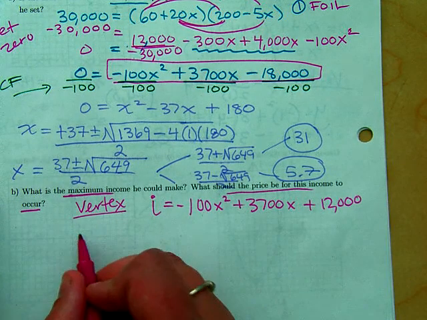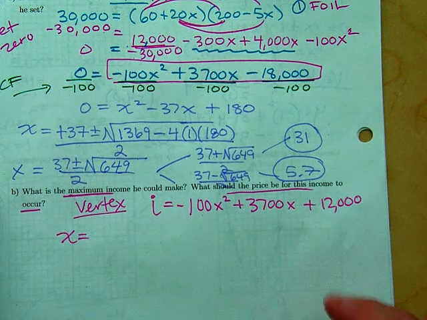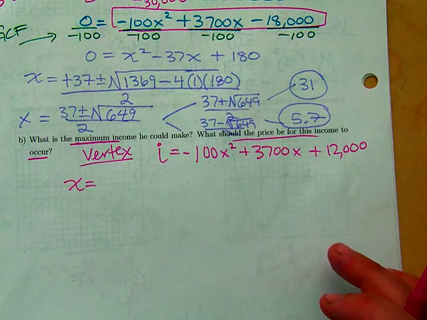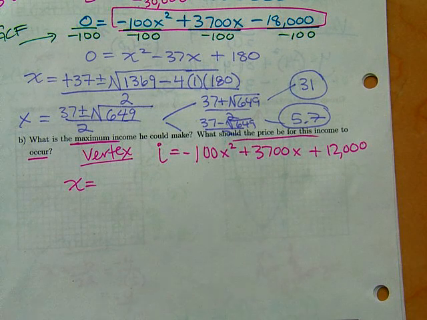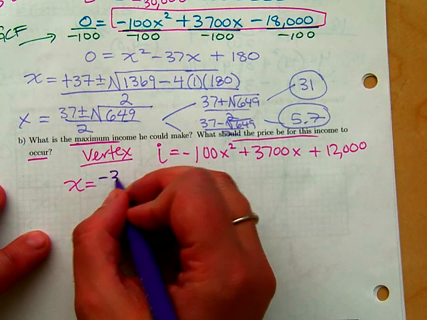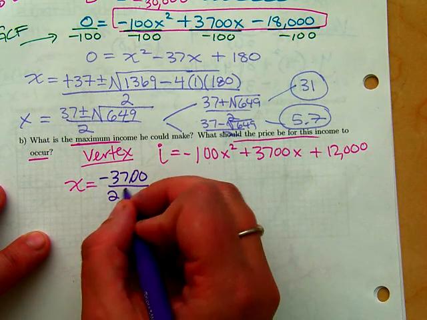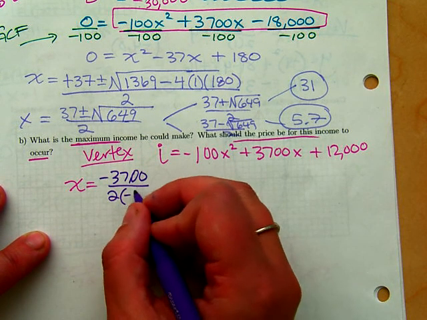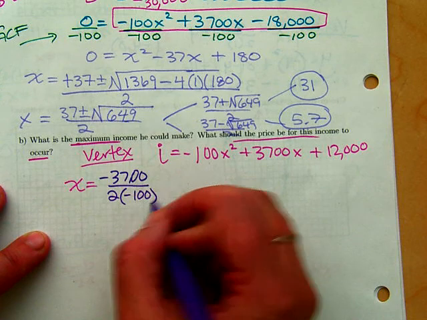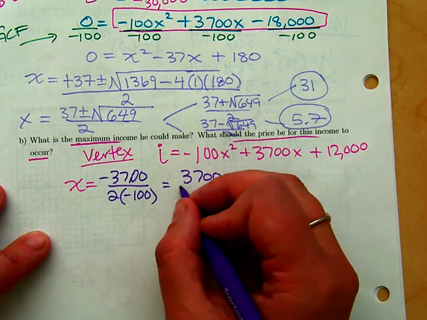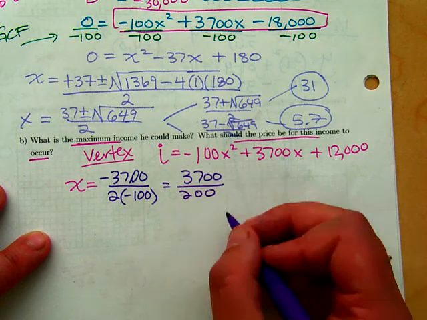Now if I want to find the vertex, I'm using x equals what? Yes, negative b over 2 times a equals, right?